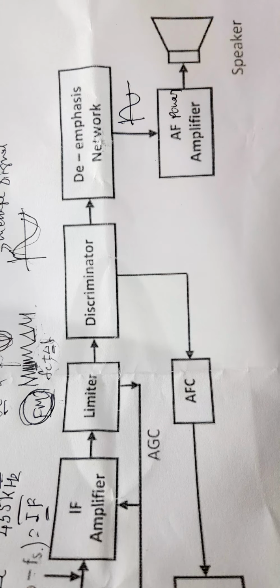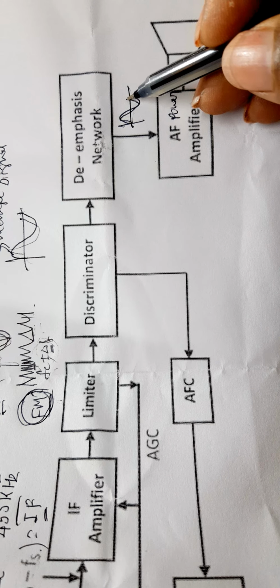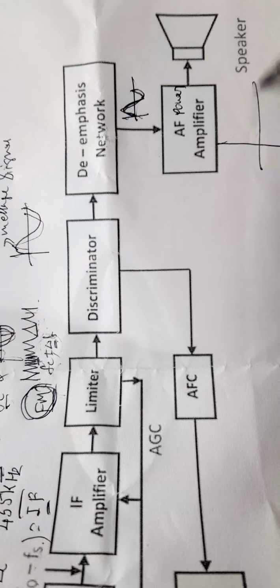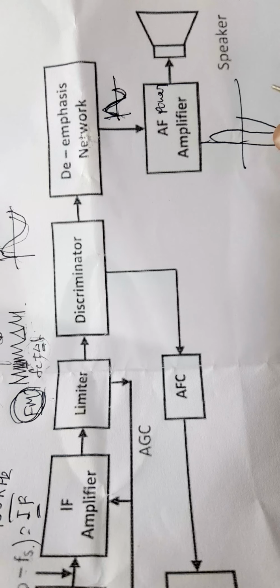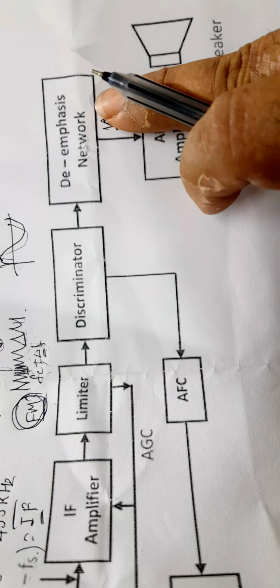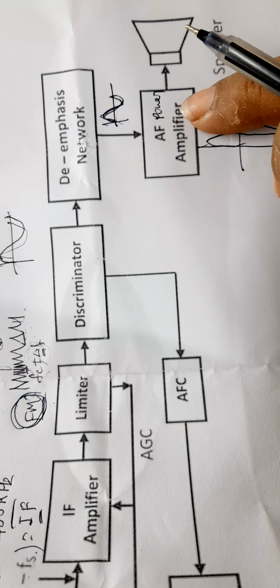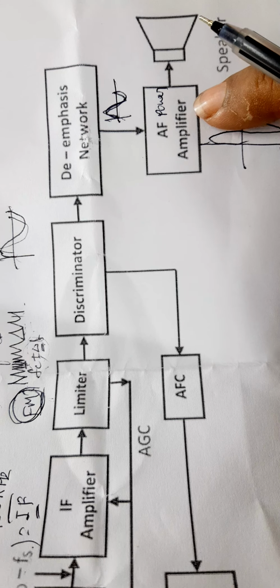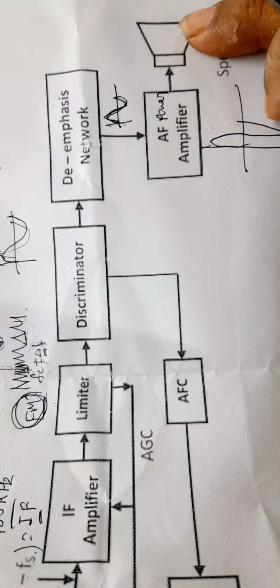If this amplitude is not sufficient, then we raise this amplitude to the desired level we require. Since it is an AF signal, this amplifier is called AF power amplifier, where the power level of this message signal is raised. This raised power is then applied to a loudspeaker.